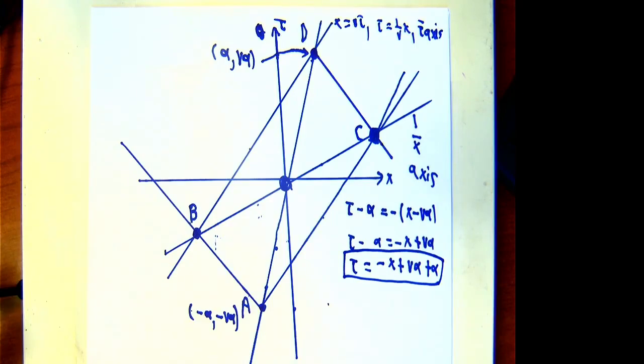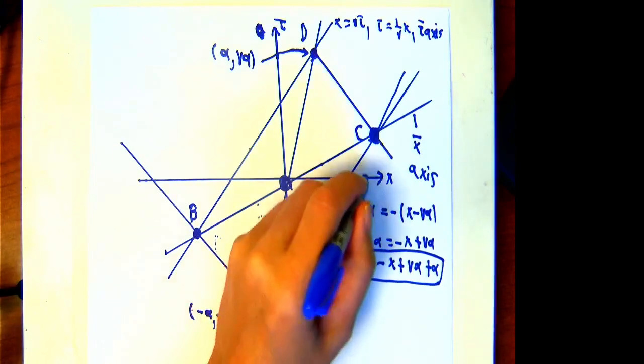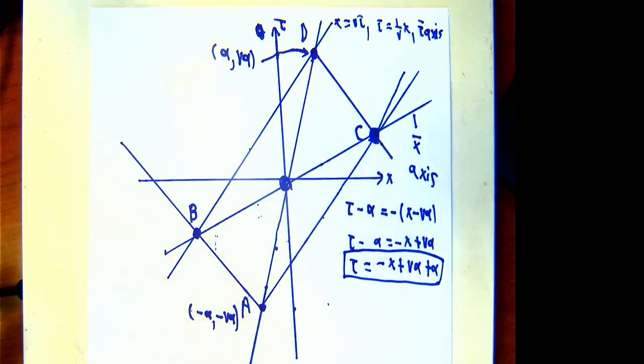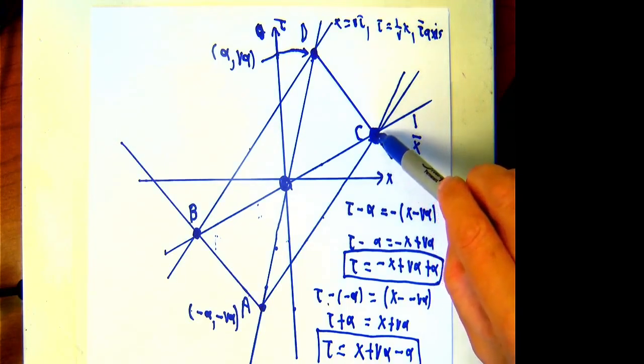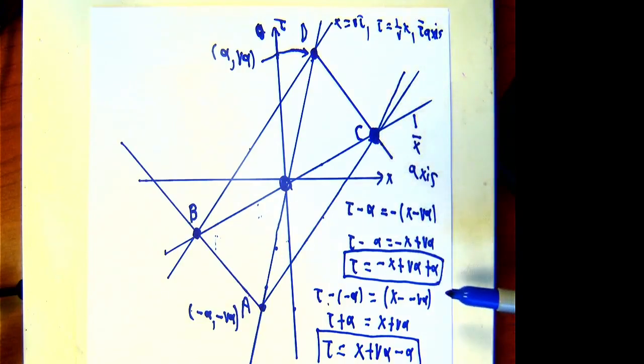On the other hand, this straight line passes through t equals negative alpha, x equals negative v alpha, and has slope equal to 1. So it's also easy to figure out an equation for that line. Point C is going to be the point of intersection of those two lines.